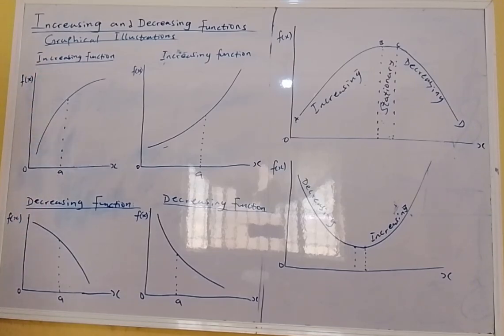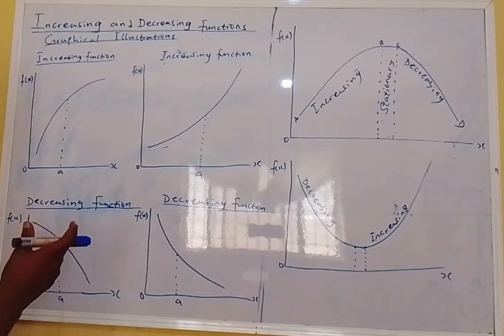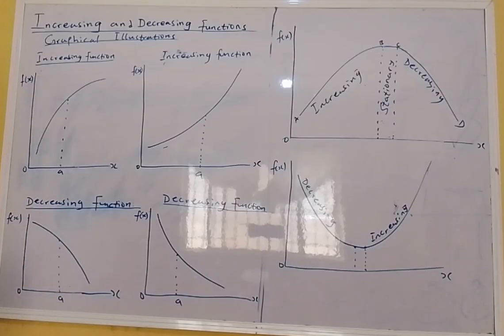How do we know? We check if we move from the left to the right and we observe that the graph is increasing. So we conclude that this function is an increasing function. For example, this is the point we are looking at, x equals a. Let's move from the left to the right here.